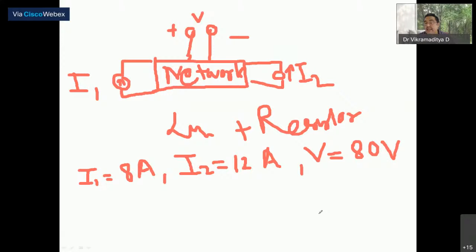That is this voltage, the open circuit voltage which we are measuring across these two terminals, is found to be 80 volt.